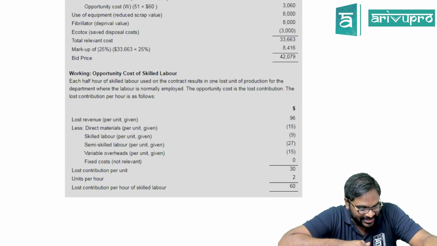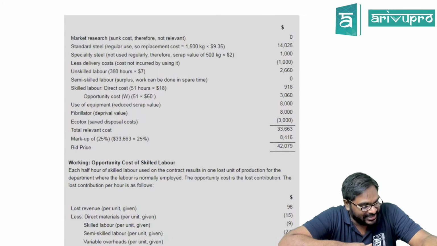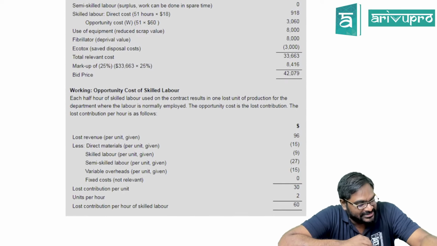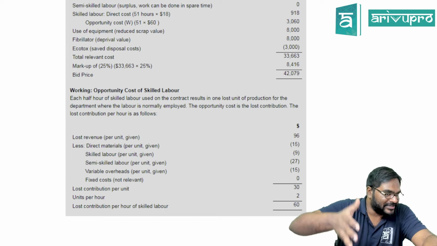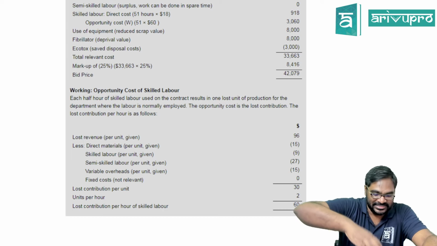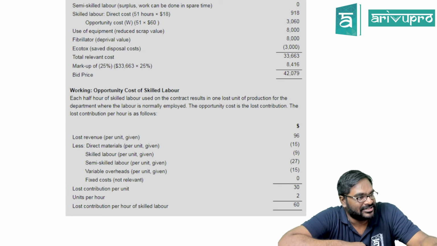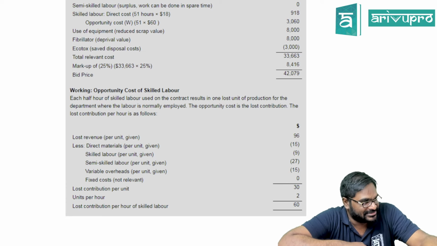So we took out direct material, skilled labour, semi-skilled labour, and the variable overheads. This is the skilled labour one, where we are trying to take them for a different department. So this is how they have calculated the contribution loss.